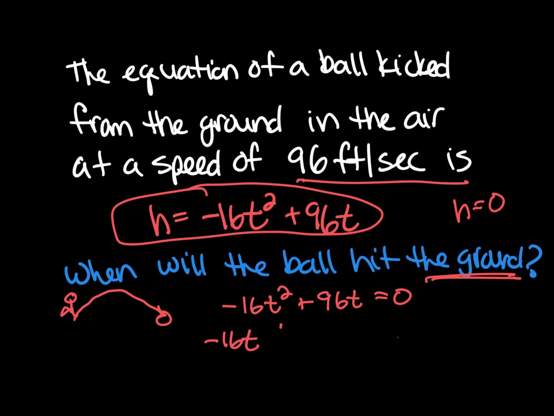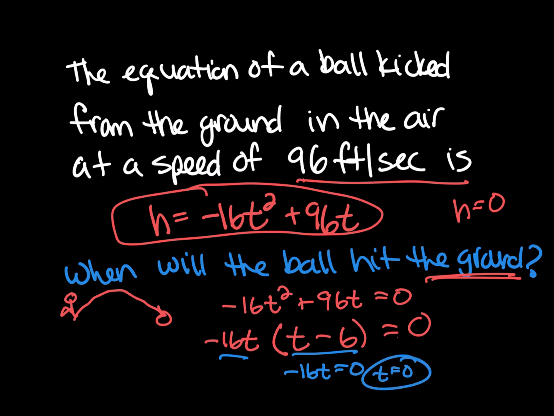Negative 16t. So here I'm left with t minus 6 equals 0. Okay, that's better. So here, there's no more factoring, but I'm going to take both of these and set them equal to 0. So we have negative 16t equals 0. To get t by itself, I would have to divide by negative 16, which is just going to give me t equals 0. So there's that.